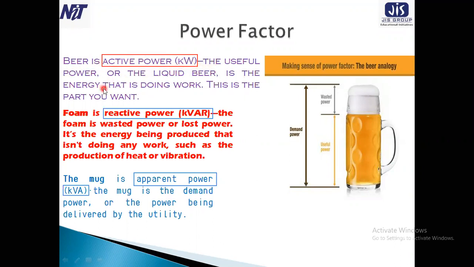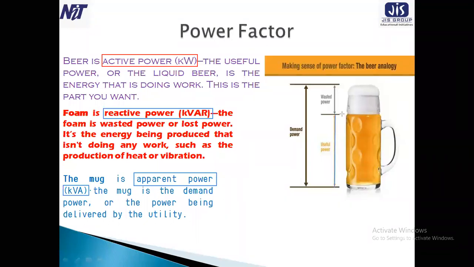The useful power or the liquid beer is the energy that is doing work. This is the part you want. So useful power means this part of the figure.